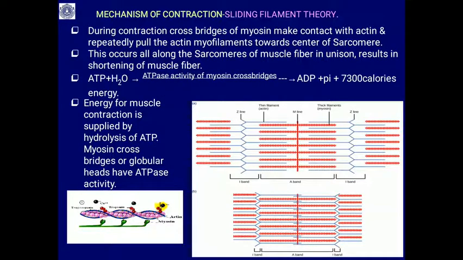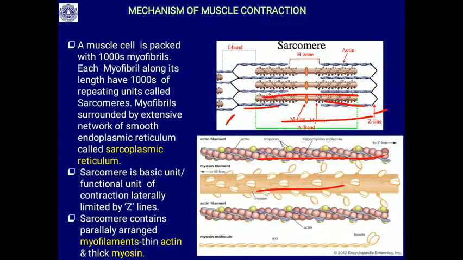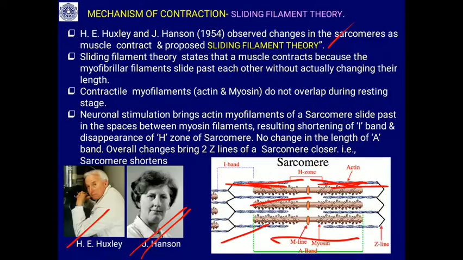During contraction, cross bridges of myosin make contact with the actin and repeatedly pull the actin filament towards the center. You can see there are many cross bridges in the myosin. They make contact with the actin and repeatedly pull it, so that the sarcomere contracts.